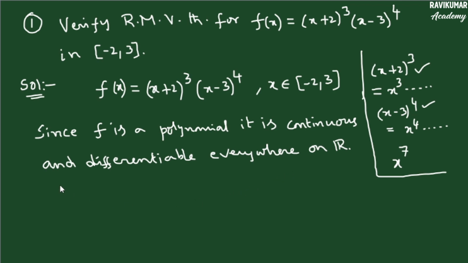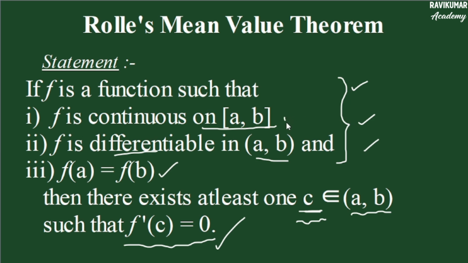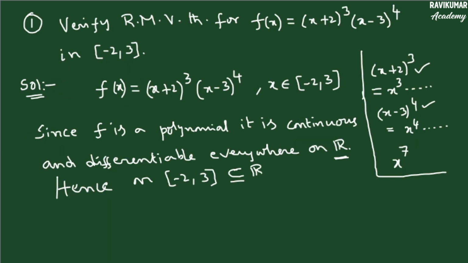Hence, on minus 2 comma 3 also, because this is a subset of the real line, and the function is continuous and differentiable on the entire real line. Hence, it must be continuous and differentiable on every subset of the real line. Therefore, the first two conditions are satisfied. The first condition that f is continuous, and the second condition that f is differentiable, are satisfied.